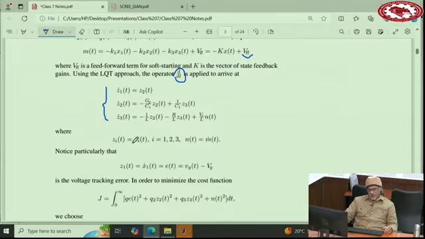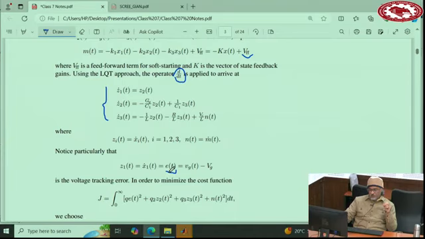Z1 is x1 dot, Z2 is x2 dot, Z3 is x3 dot, right? And especially Z1, which is x1 dot, is the tracking error. This is really important about this approach. So this transformed state variable is exactly equal to the tracking error.